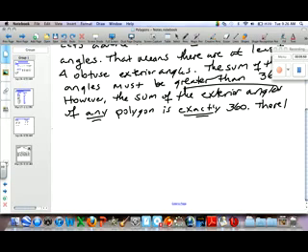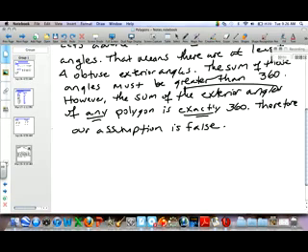Therefore, our assumption is false. That's it. That's how you do proof by contradiction.